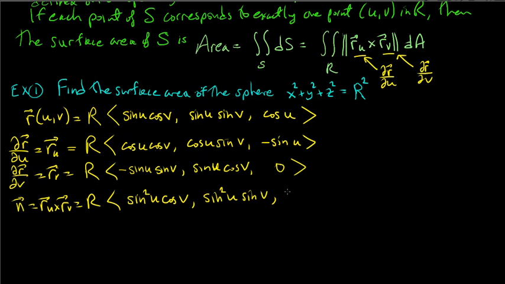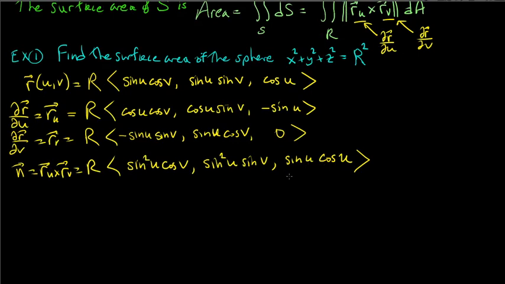And then the third component was sine u cosine u. There we go, because you get cosine squared v plus sine squared v is 1 for the rest of it. Okay.